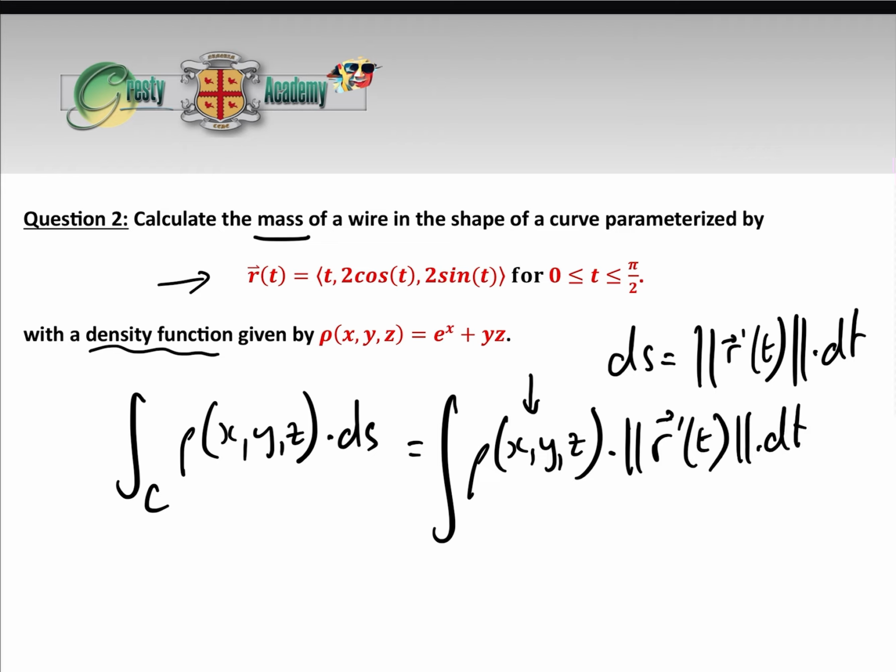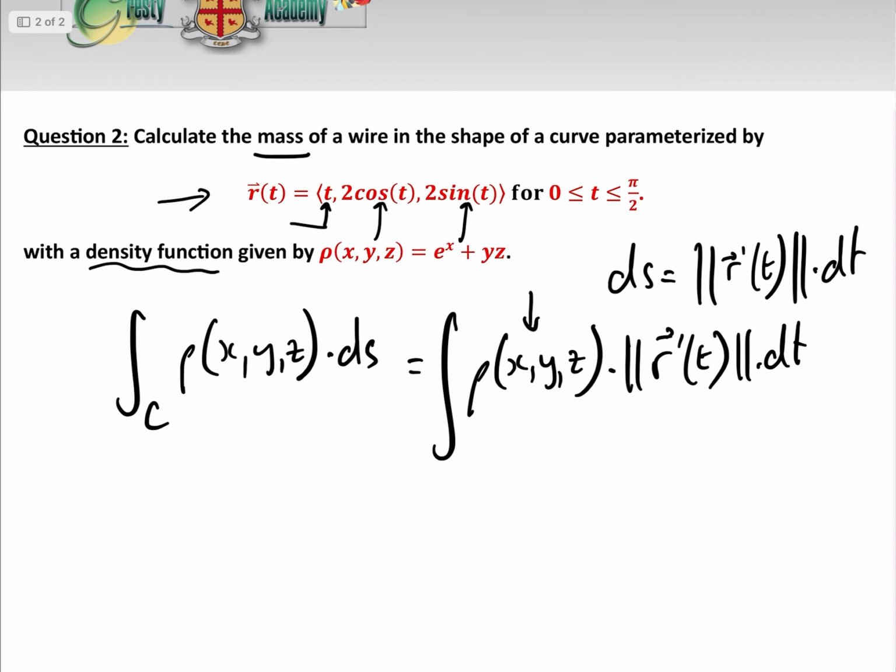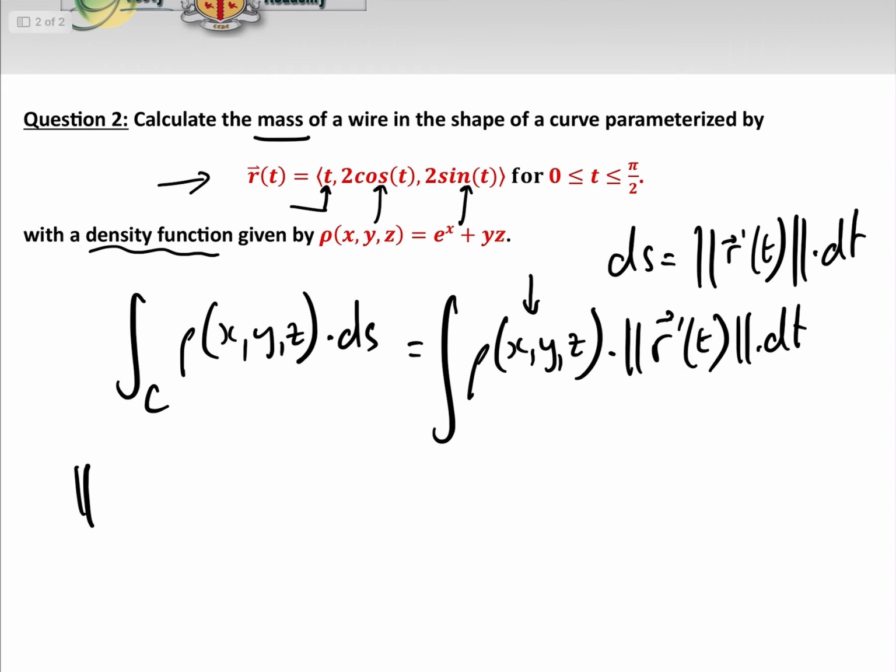Okay, so all we've got to do now is take our parameterization here. Basically the x bit is t, the y bit is 2 cos t, and the z bit is 2 sine t. So let's work out the magnitude of r dash t. First of all we have to work out r dash t, which is basically just the derivative.